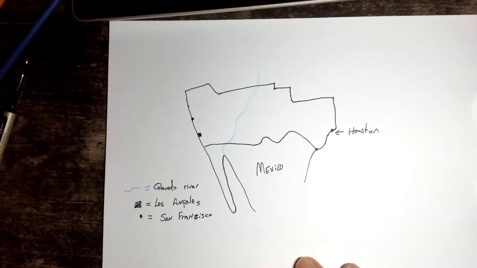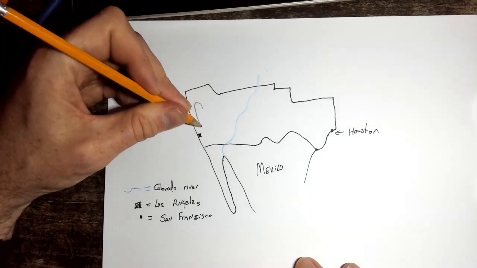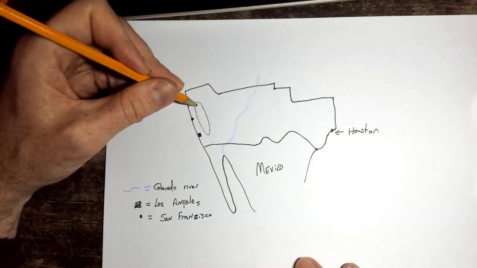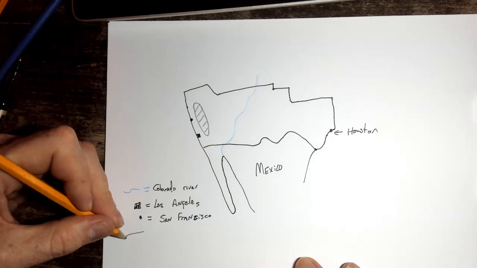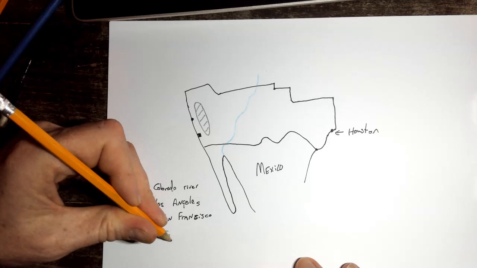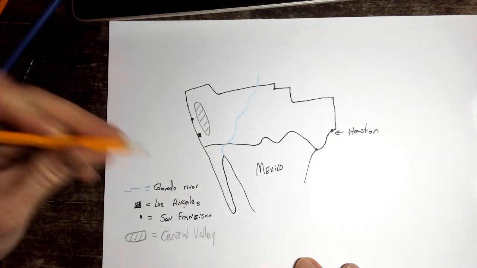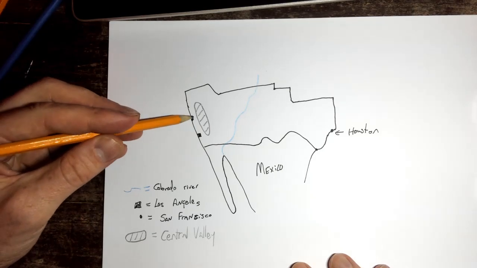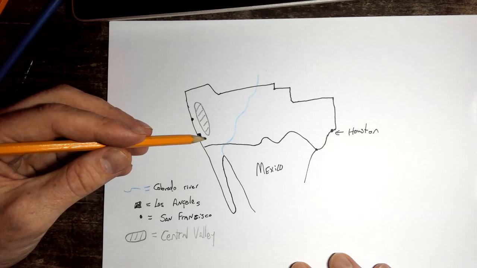We then need a second relief feature. So I'm going to put in here the Central Valley of California, which is the most important agricultural region in the United States and one of the most important agricultural regions in the world.